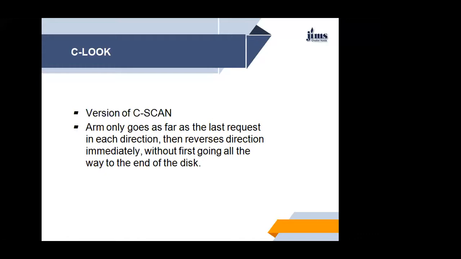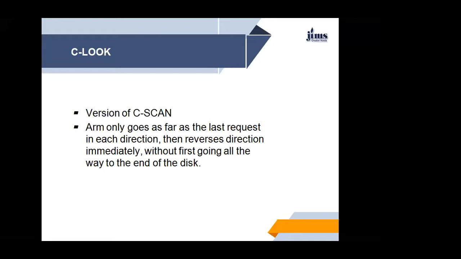More commonly, the arm goes only as far as the final request in each direction. Then it reverses direction immediately without going all the way to the end of the disk. These versions of scan and C-SCAN are called LOOK and C-LOOK scheduling because they look for a request before continuing to move in a given direction.